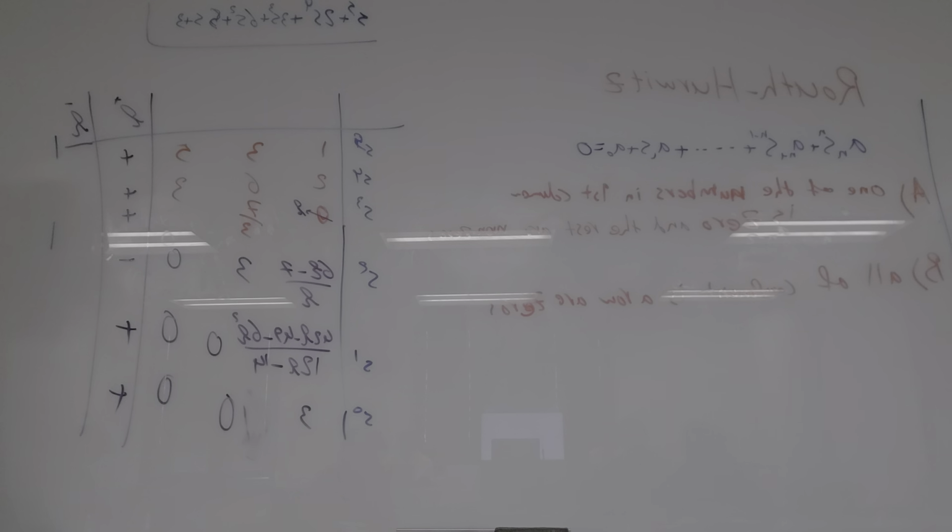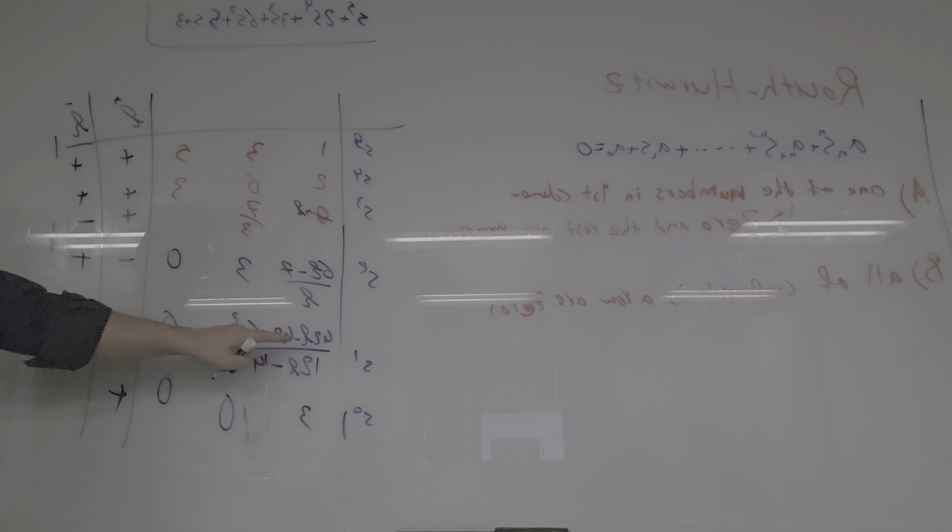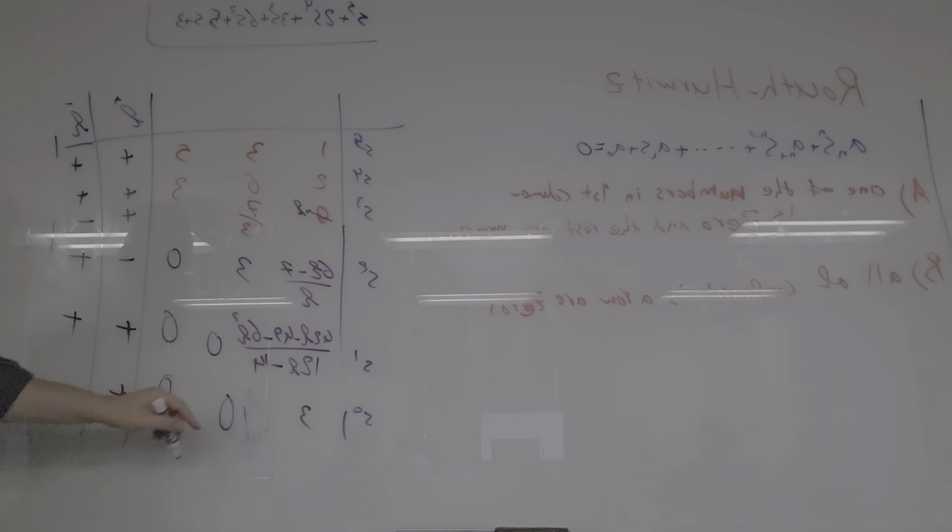Okay? Now, let's do that for the negative epsilon. This is positive, this is positive, this is negative. If this one is negative, both of them are negative, and the denominator is also negative, so it's going to be positive. This is negative, this is negative, so it's going to be positive, and this one is also positive.